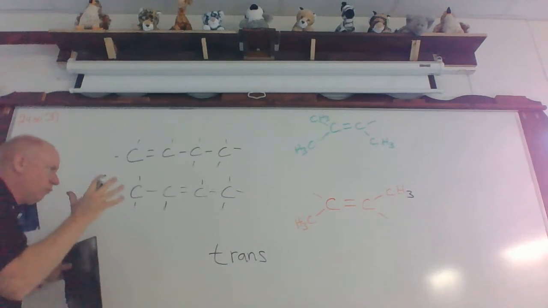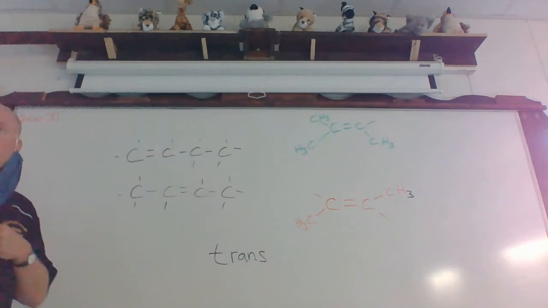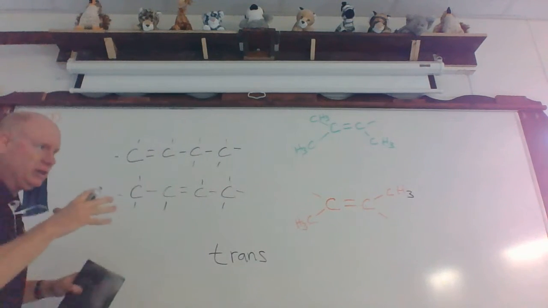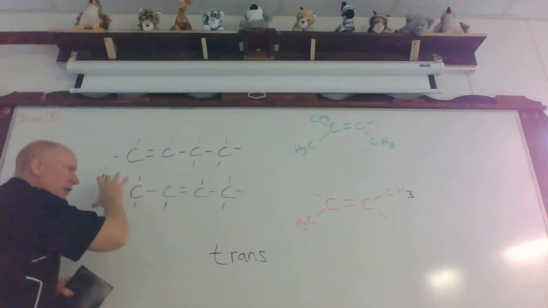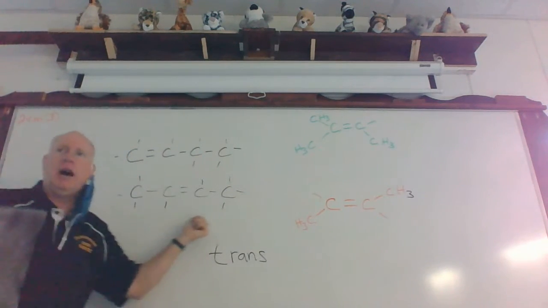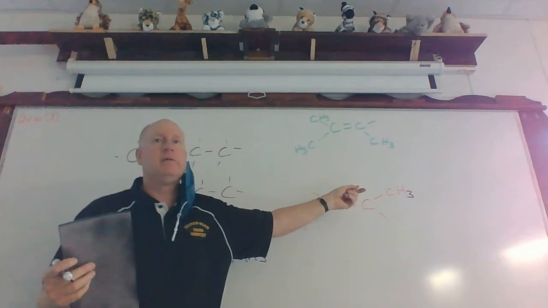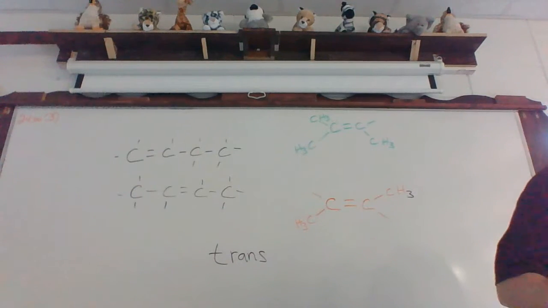But the best way for me, and I'm explaining this and it makes sense to me, we could get the book out and they're going to give you all different types of terminology. But to me, it's just easiest on how we actually see it. It's straight, 180 degrees, rather than what we see here where it's angling up and down.